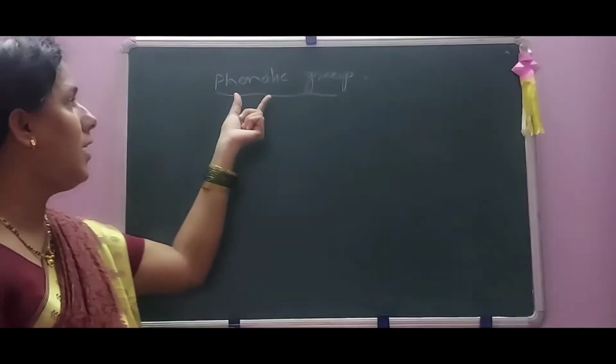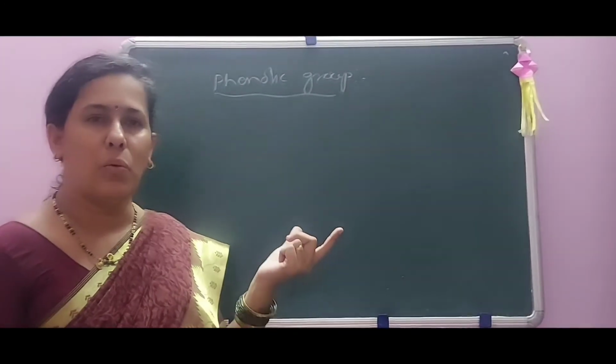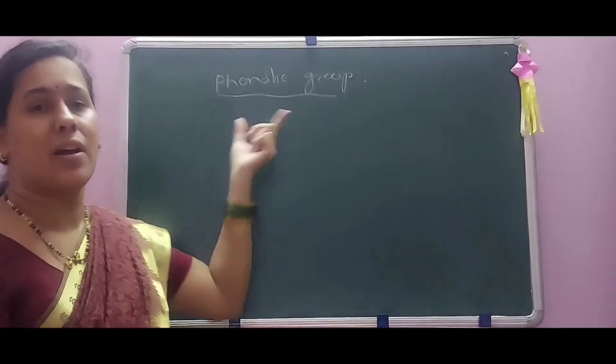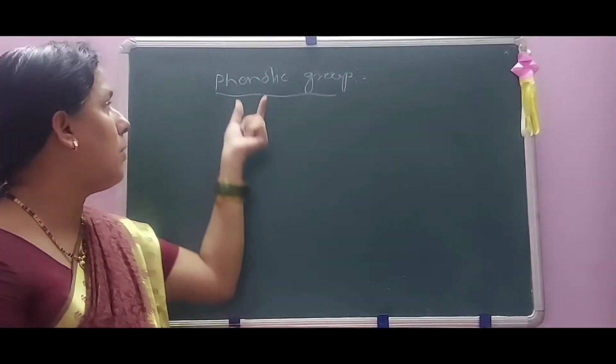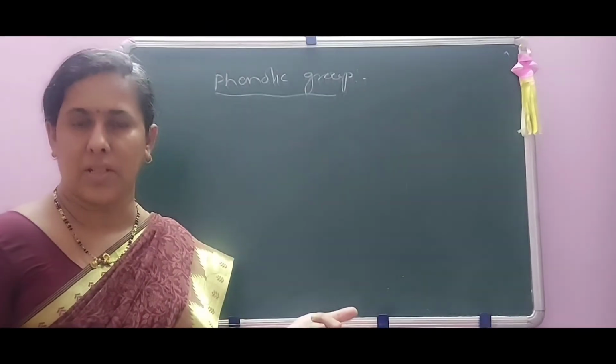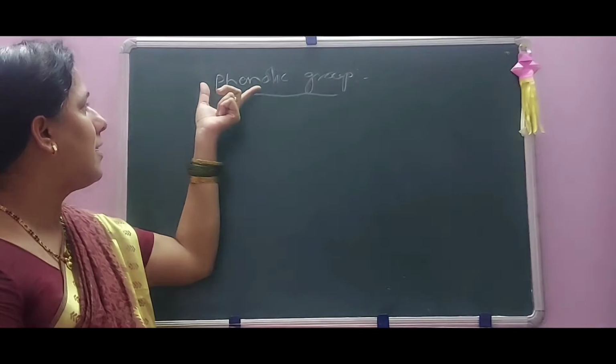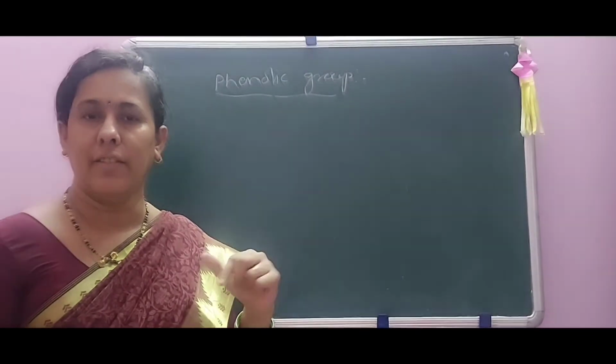When the organic compound is soluble in 2 normal NaOH and the reaction with neutral FeCl3 gives a positive test, we can easily say that the compound is phenolic in nature.